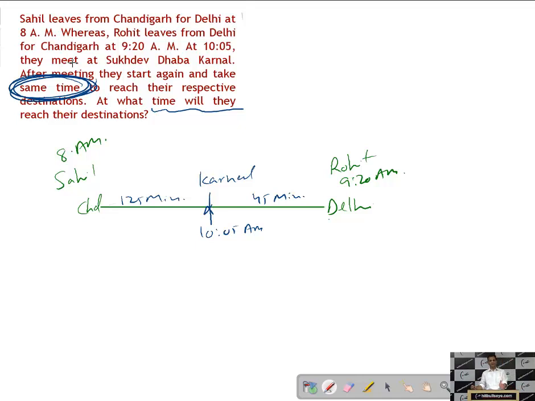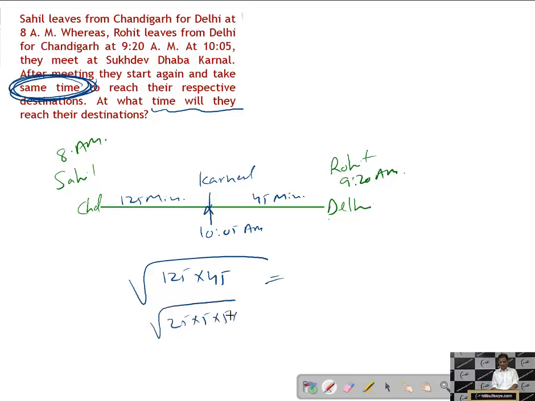Then it is the geometric mean of both the times students. So what is the geometric mean? Root AB. You will take 125 into 45, which will be equal to 25 into 5 into 5 into 9.